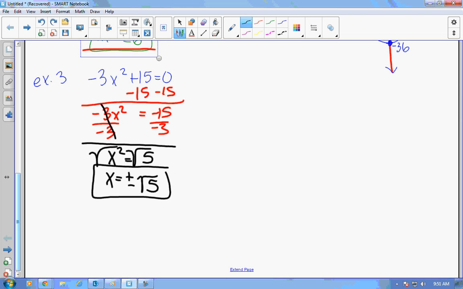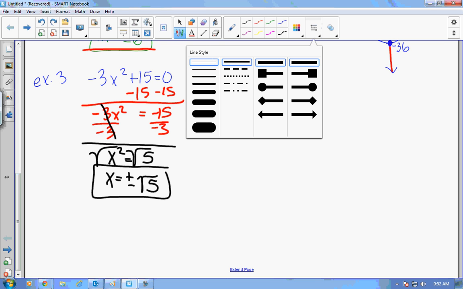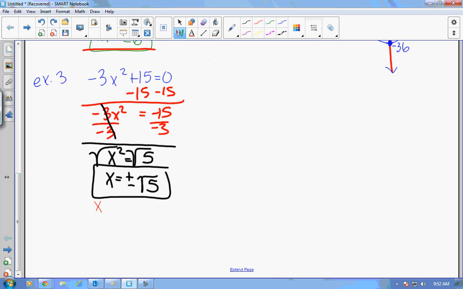If it was asking for the x-intercepts, I would not round the decimal unless the directions specifically say round the decimal. If it doesn't say round the decimal, you leave it in exact form, which is plus and minus root 5. For the purposes of graphing, you'll want to know the decimal. For graphing, we would type in square root 5 and get a decimal. What's the decimal approximately root 5?